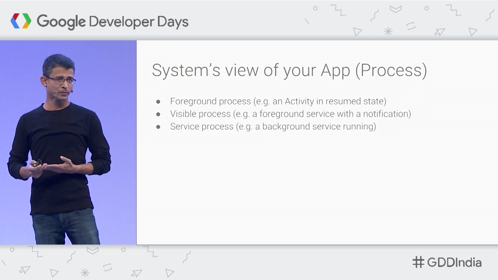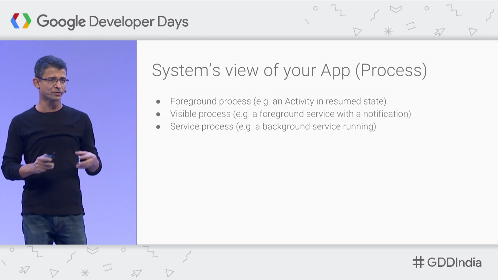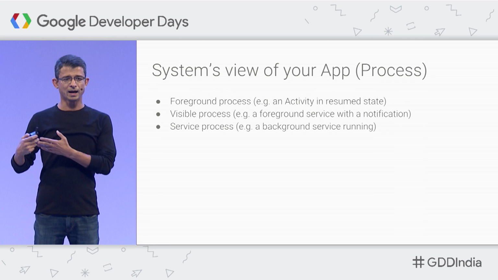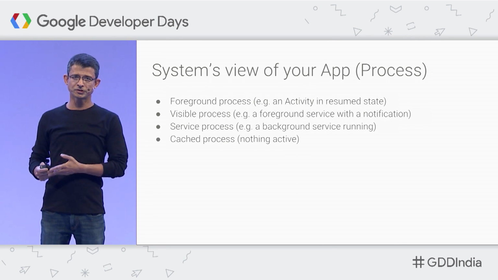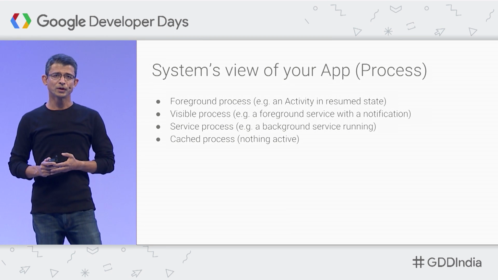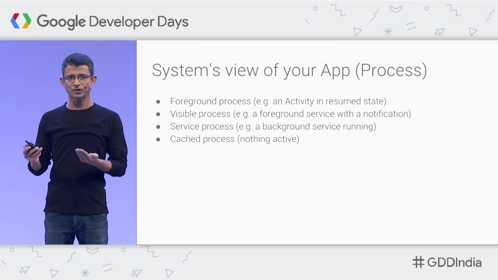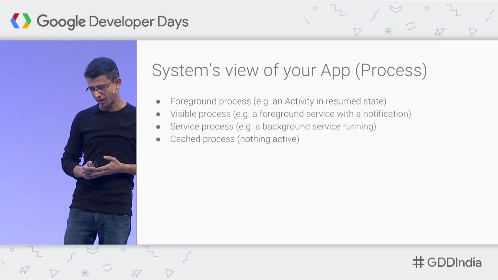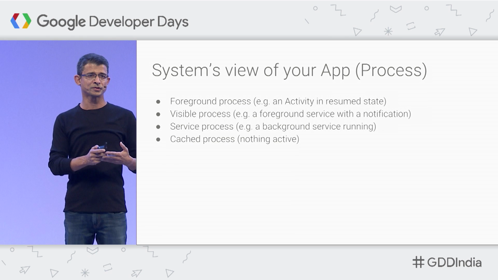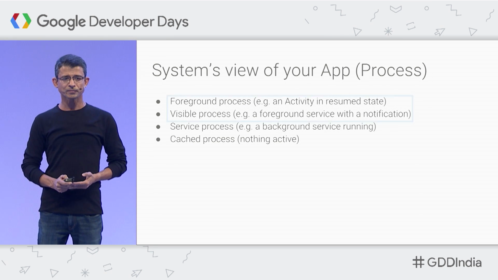It could also be a service process where nothing is visible, nothing is running, but your service is running in the background, and that's called the service process. And then also a cached process, which is not so commonly seen by users, but it is the most commonly seen process state by the system. If you have dozens or hundreds of apps on a device, chances are that most of the processes are actually in this cached state.